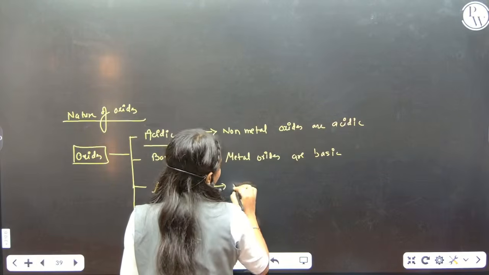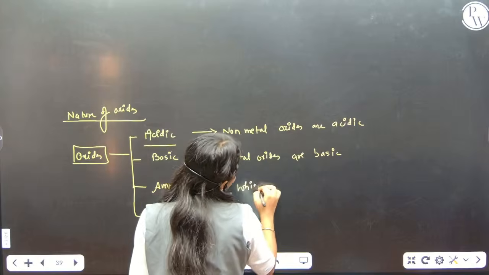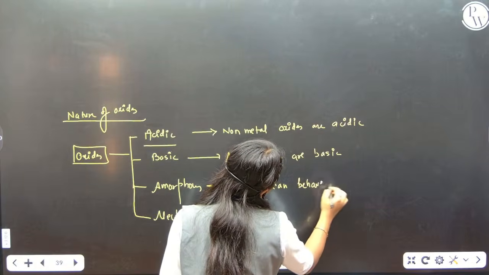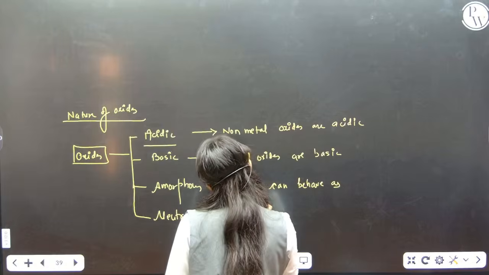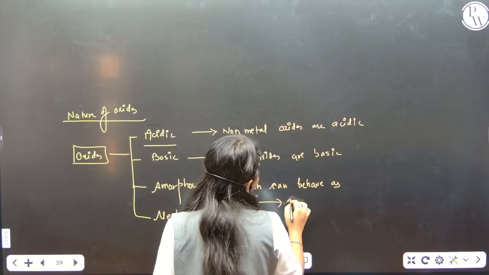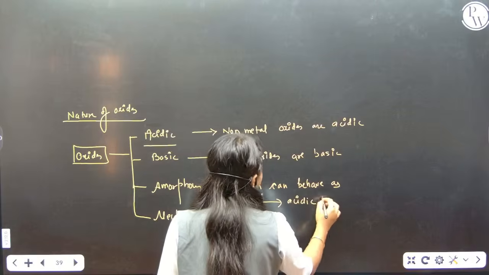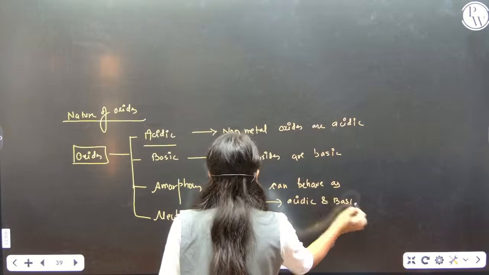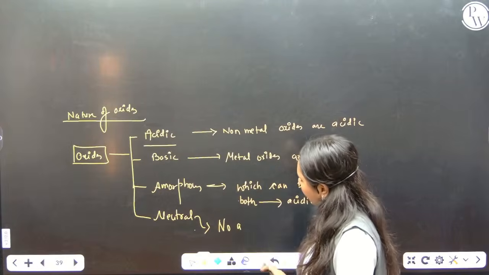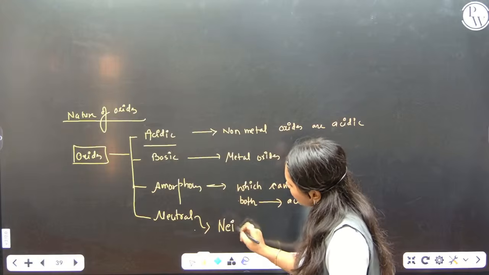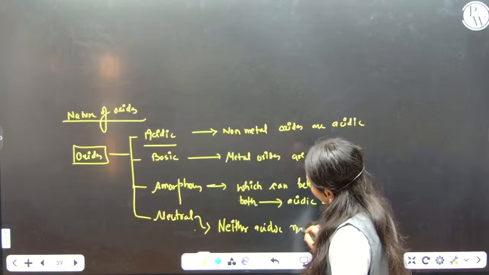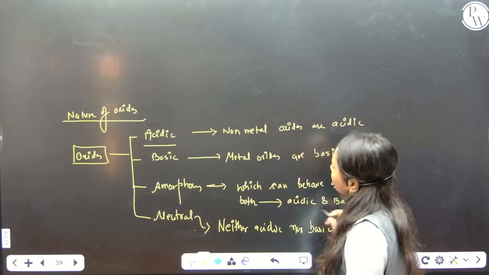The ones which can behave as both, acidic and basic, work as amphoteric. Neutral oxides show no behavior, neither acidic nor basic, right?